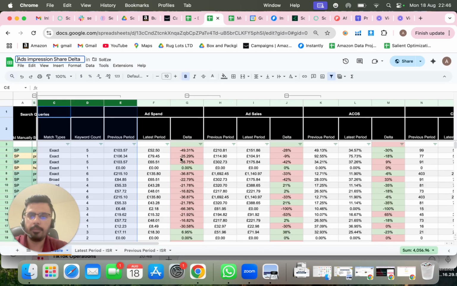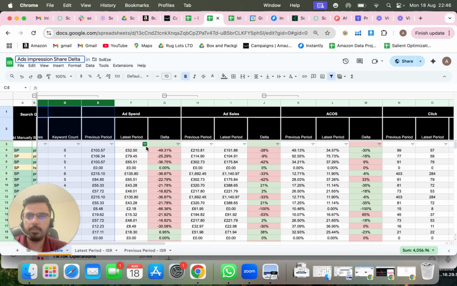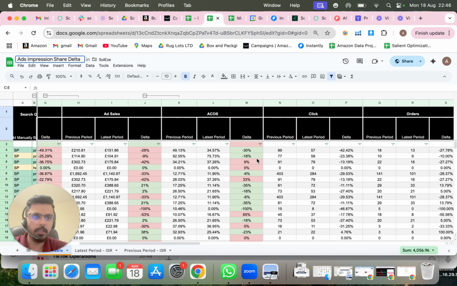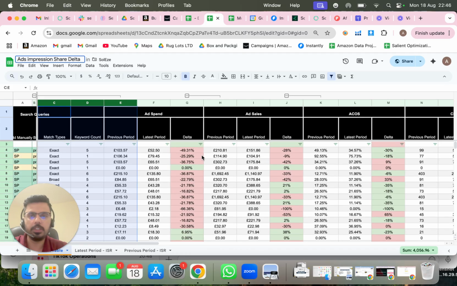So this sheet is for the ad spend. These are the systems that I've hidden for confidentiality reasons. But at the same time, this sheet is also being monitored and updated on a weekly basis, because it gives us the delta.